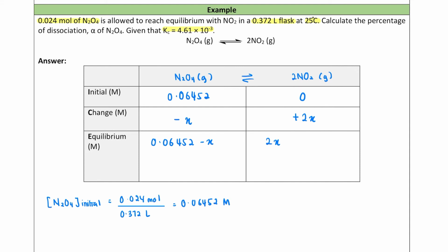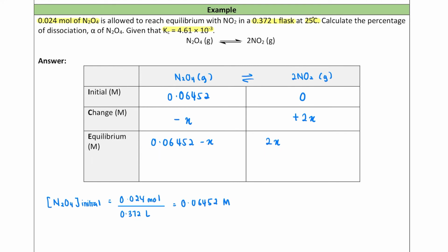And then for concentration of NO2, saya letak 0 sebab as you can see, there is no information about NO2. So, kita assume kalau tak ada information about product, that means kita assume initially the product is 0 lah. And then the change depends on the stoichiometry. Since ini 1 je, so minus X. And then this is 2, so plus 2X. So the equilibrium concentration should be 0.06452 minus X, and this is 2X.